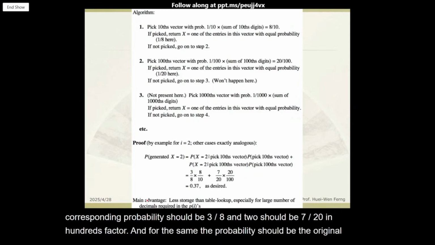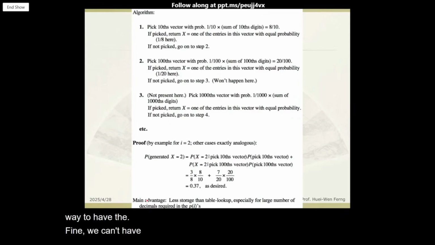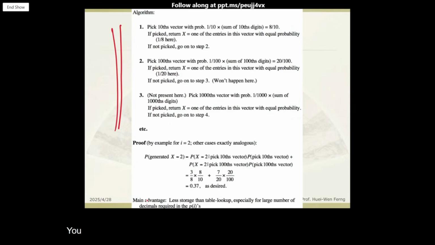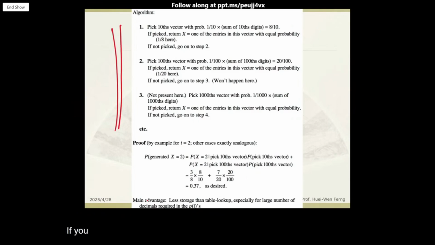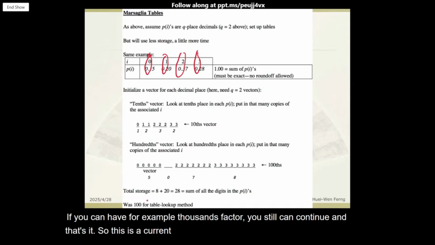So with this way of generating, finally we have the algorithm. You can pick the tens factor, according to the ratio, then generate the corresponding 0, 1, 2, or 3. Likewise for the hundreds factor. If you have, for example, a thousands factor, you can still continue. And that's it. This is the Marsaglia tables algorithm.